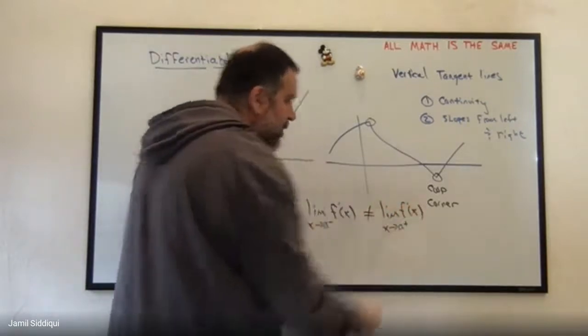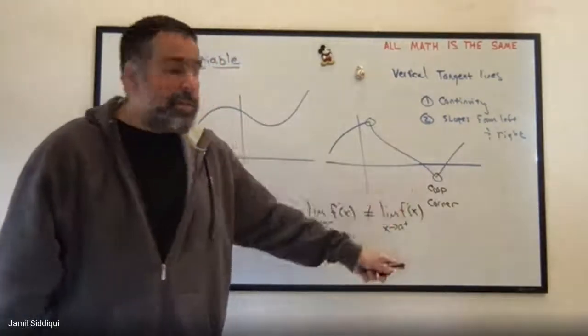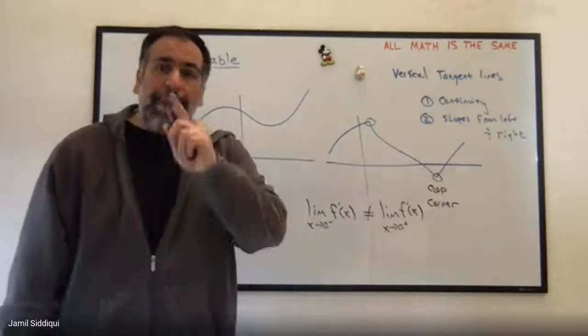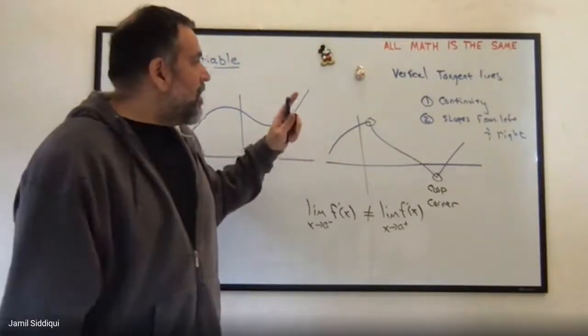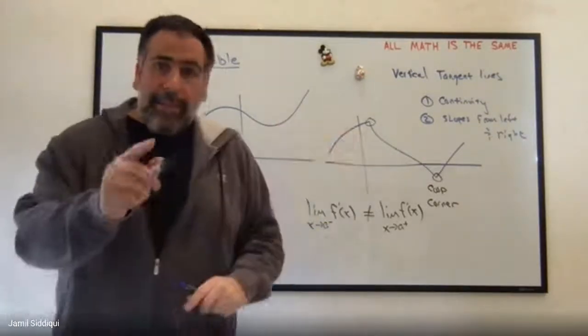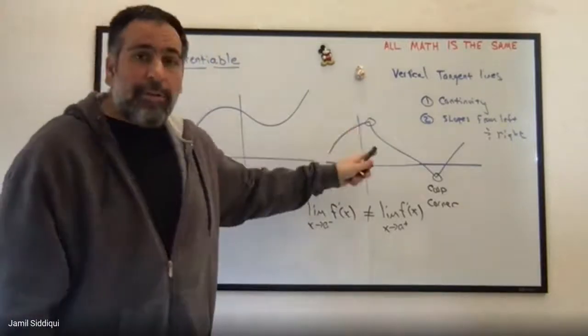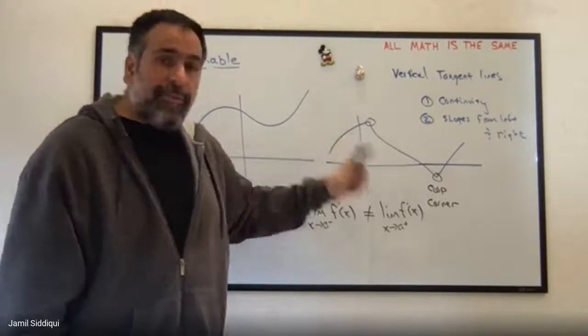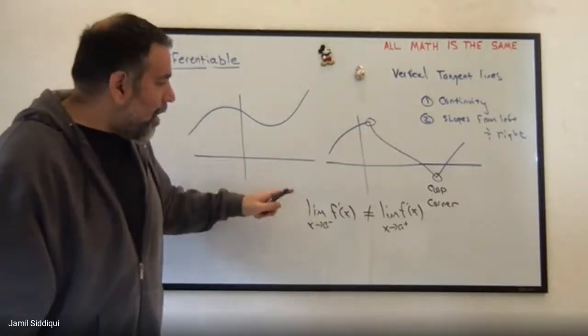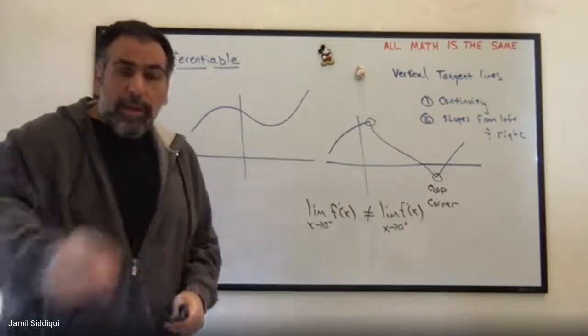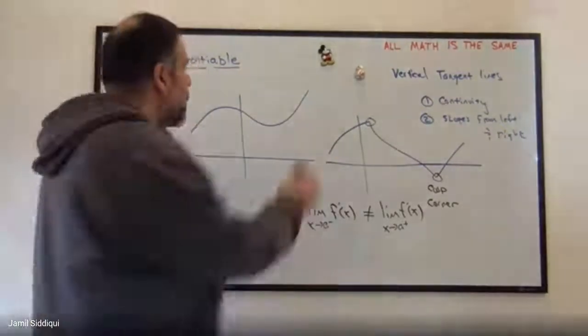In other words, they are differentiability busters. Anytime you see these abrupt changes, that's significant. Pay attention to those, because if you have an abrupt change like that and the AP exam asks you a question on differentiability, this is where you get into trouble. These will prevent differentiability because they are the places where the slope from the left doesn't equal the slope from the right. So the last thing we're going to do is just recap.